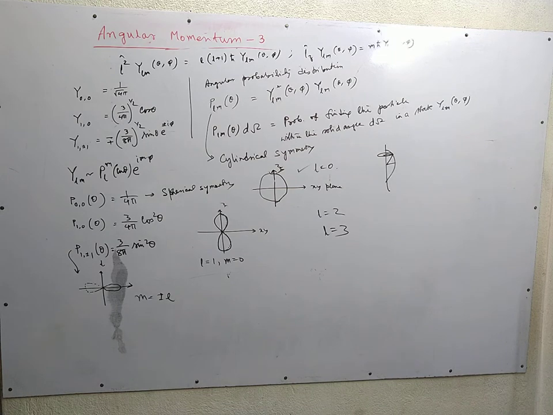So in this class, what we have covered is this. One thing is the space quantization of angular momentum. In quantum mechanics, angular momentum cannot have any orientation in space. It has only specific orientations, which is not found in classical physics. The space quantization of quantum mechanics is also different from that of the old quantum theory.